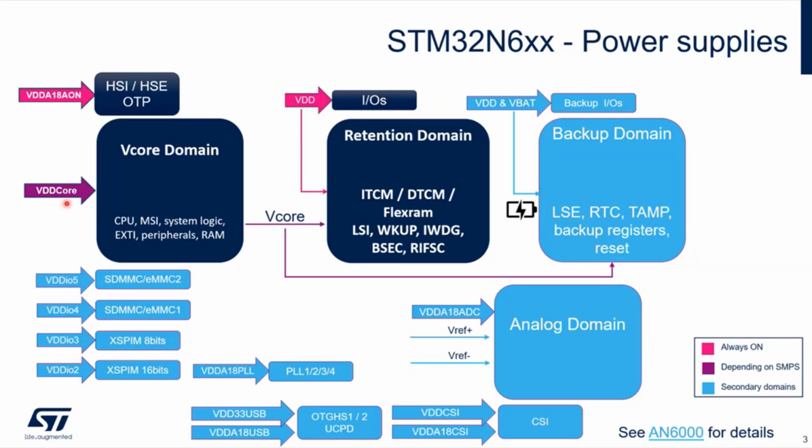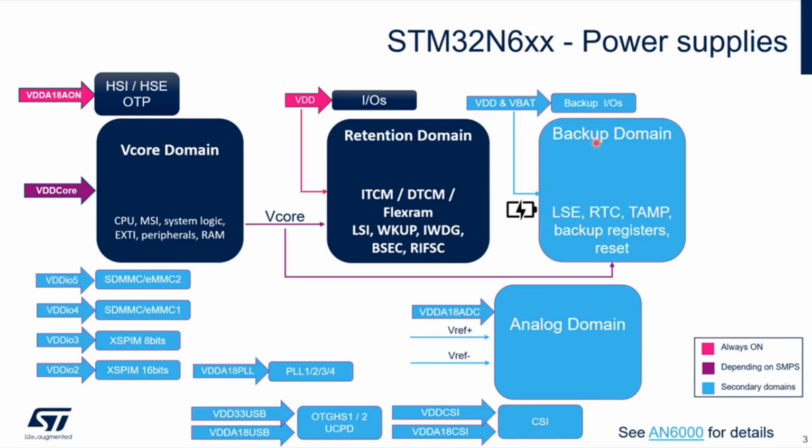This is the power supply for the core of the microcontroller. Then we have several secondary power supply domains, like supply of external memories, so VDDIO from 2 to 5, supply of PLL, supply of USB, supply of camera interface, and analog domain.